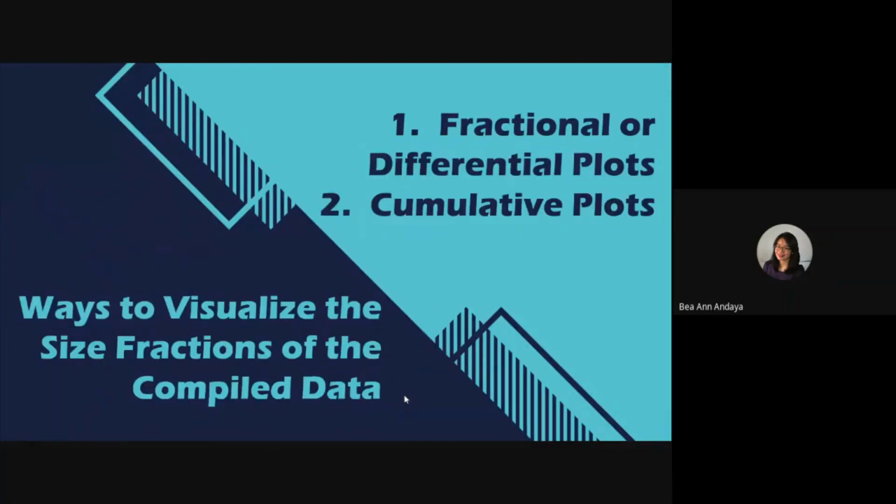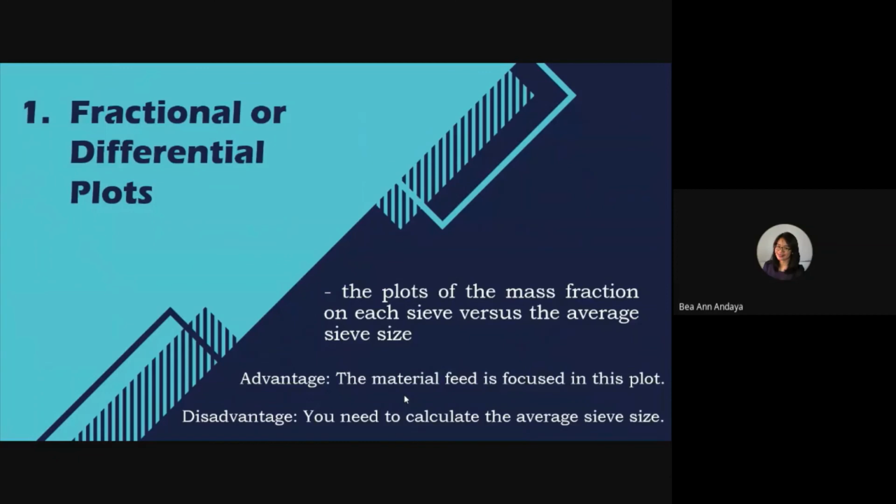Now, there are two ways to visualize the size fractions of the compiled data. One, pwede tayong gumamit ng fractional or differential plots, or we could make use of the cumulative plots. First one is the use of fractional or differential plots. So, itong mga plots na to ay gumagamit lang ng one mass fraction doon sa ating screens.